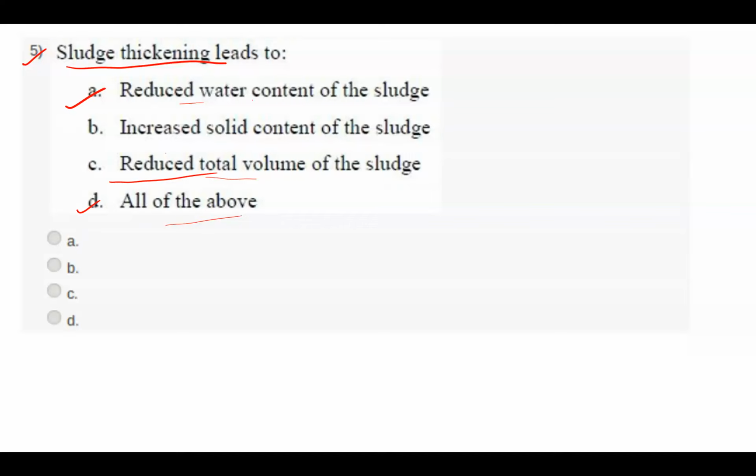So reduced water content is there, and the solid content in the system is higher, and also the total volume of the sludge is reduced. As you see, when we remove the part of the water in the sludge, we are reducing a huge volume of the total sludge.